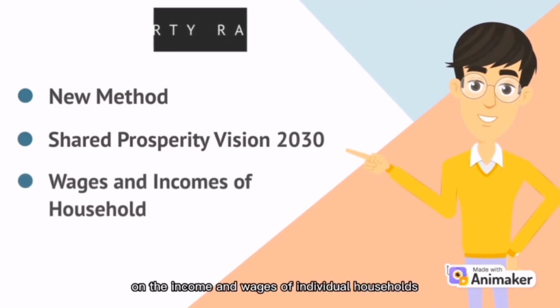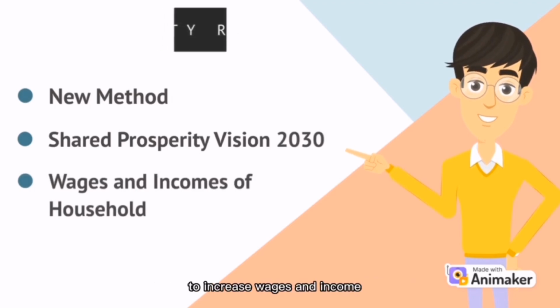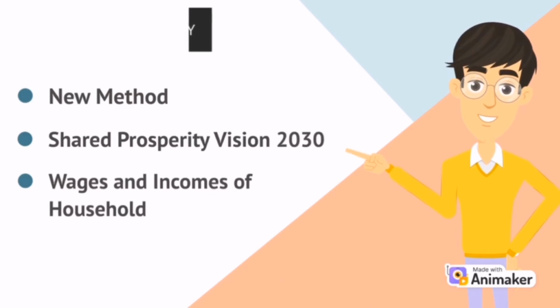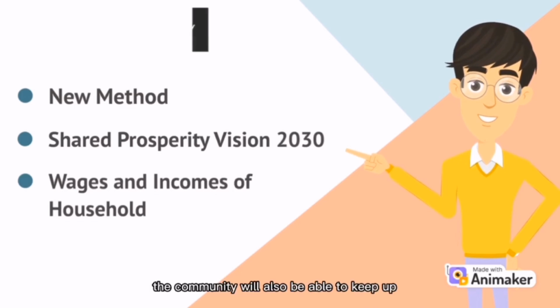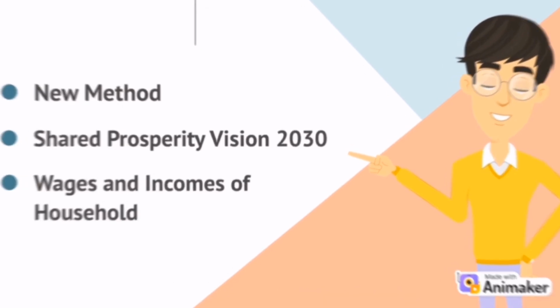On the income and wages of individual households, management will need to increase wages and income in view of the fact that the cost of living is continuing to rise. Because of this, the community will be able to keep up with the current economic climate and move closer to achieving its ultimate goal of becoming a developed nation.